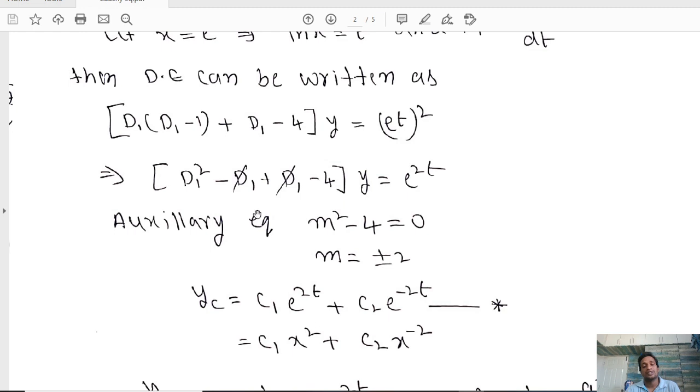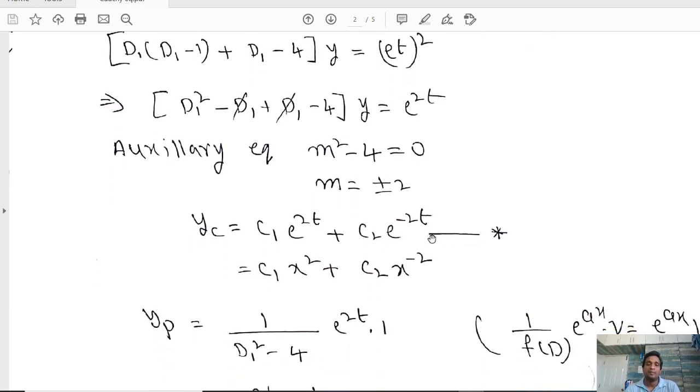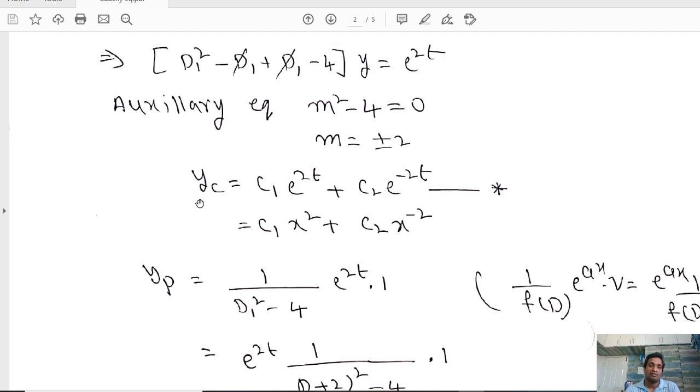So for the auxiliary equation, just substitute m instead of D1. It becomes m square minus 4 equal to 0, so m will be plus or minus 2. So yc will be c1 e power 2t plus c2 e power minus 2t. Why? Because I got two values, 2 and minus 2, real and distinct.